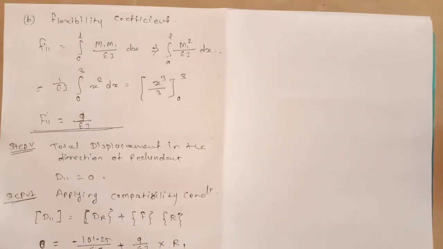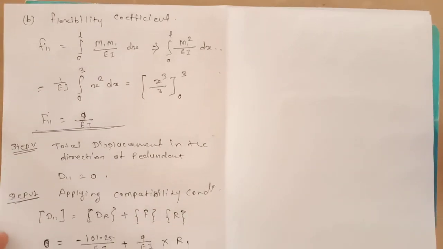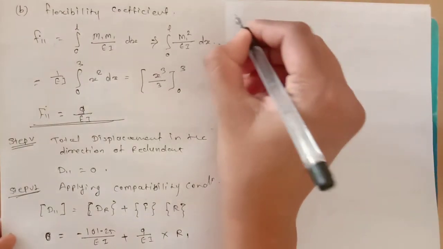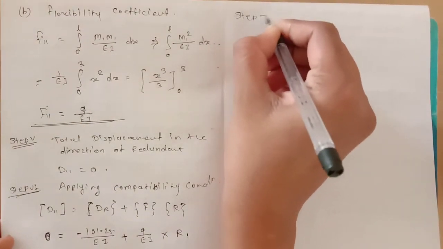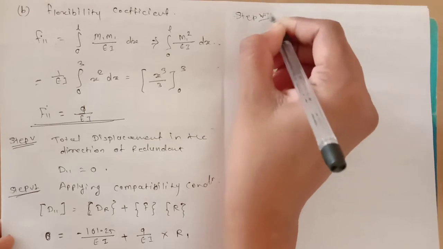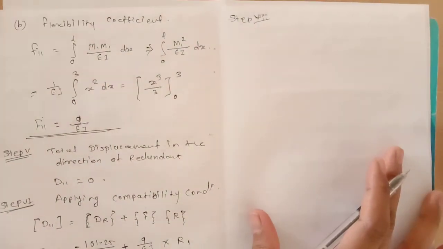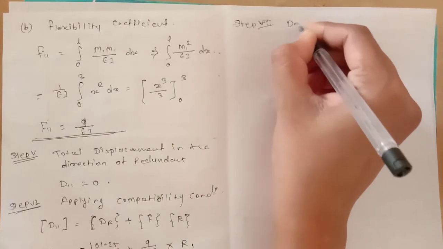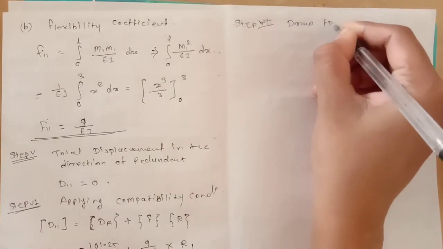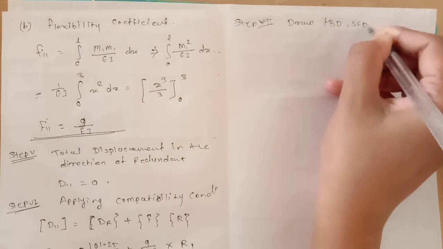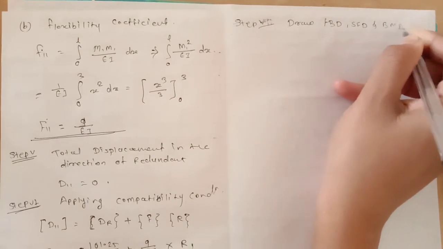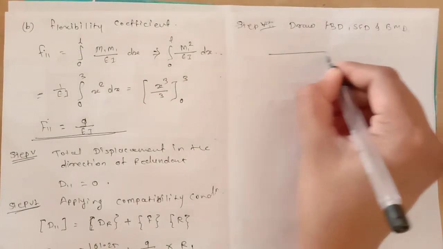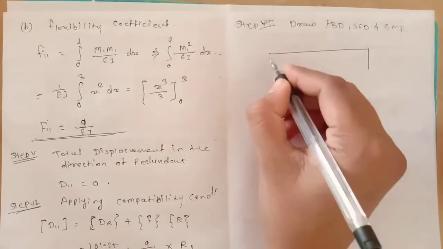Then next is step number 7: draw the free body diagram, shear force diagram and bending moment diagram. So first draw the free body diagram.